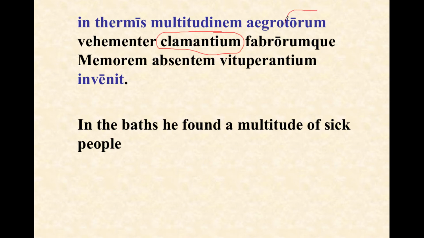Now, the thing is, because aegrotorum is genitive plural, the present active participle is also going to have to be genitive plural. Now, the um is the normal ending of a third declension genitive plural, but notice there's an extra I here. This is not clamantum, this is clamantium, okay?